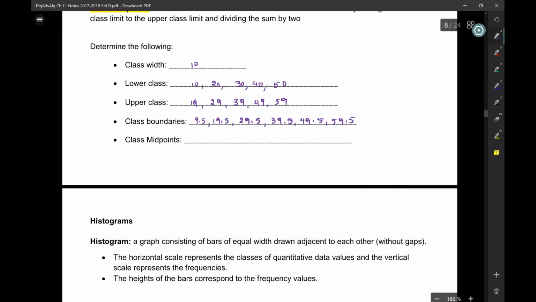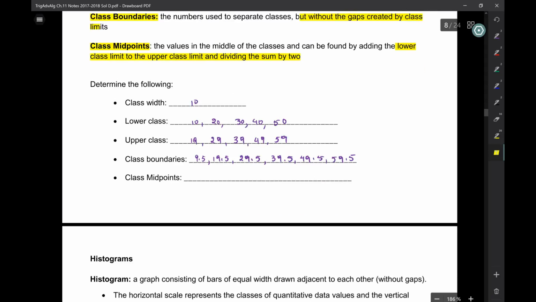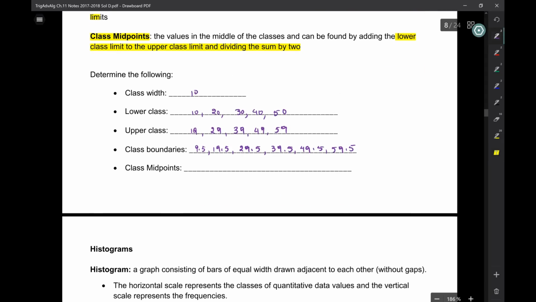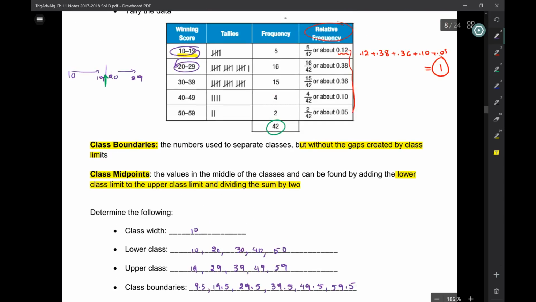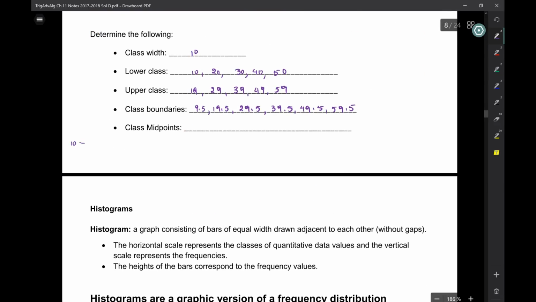And then class midpoints. The way you find the midpoint is lower class limit plus upper class limit, and divide by 2. So look, if it's 10 to 19, the midpoint will be 10 plus 19 over 2.